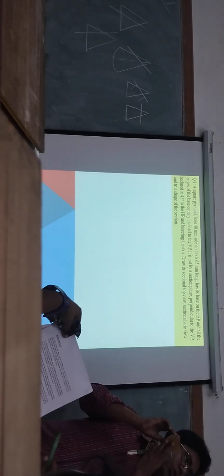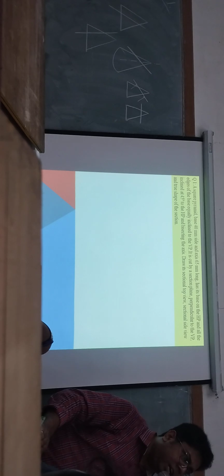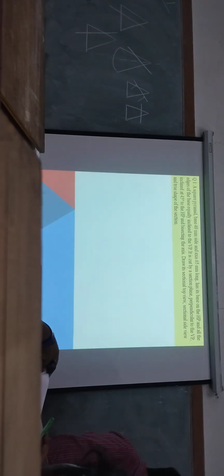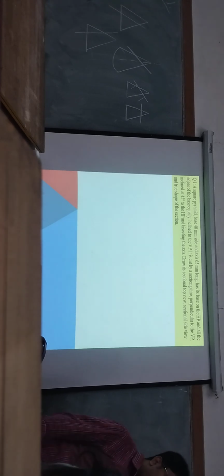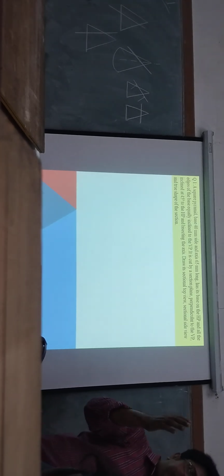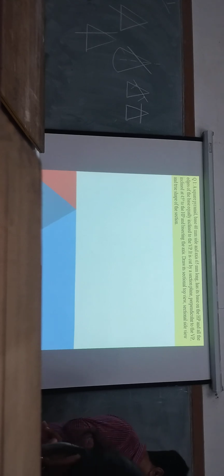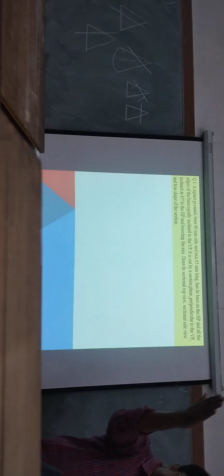Suppose this is the base, this is a square on HP like this. This is HP, the horizontal plane, and all the edges of the base are equally inclined to VP. It is cut by a section plane perpendicular to VP, inclined at 45 degree to HP. That means suppose you consider this is a plane, it is cutting.